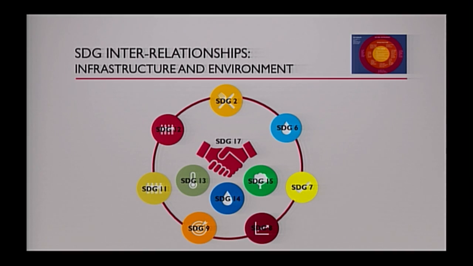But immediately around 17 are those three natural environment goals I was referring to before. 13, 14 and 15, so climate change, life underwater and life on land. Those three are nested within the next layer, which is the infrastructure goals I was referring to before.